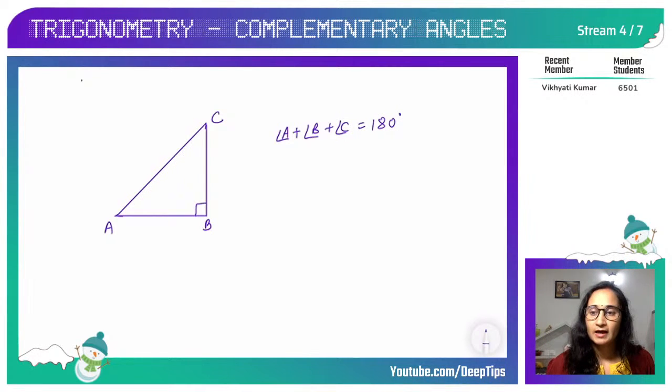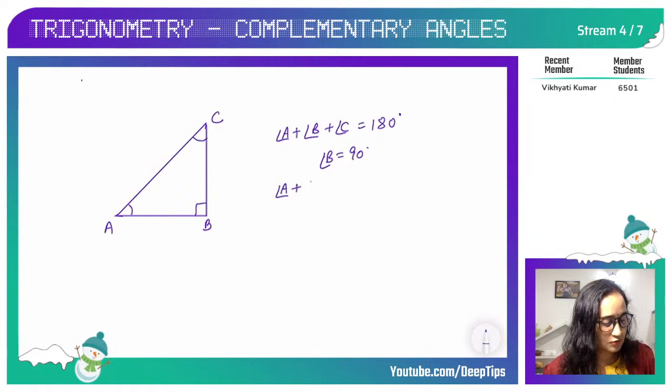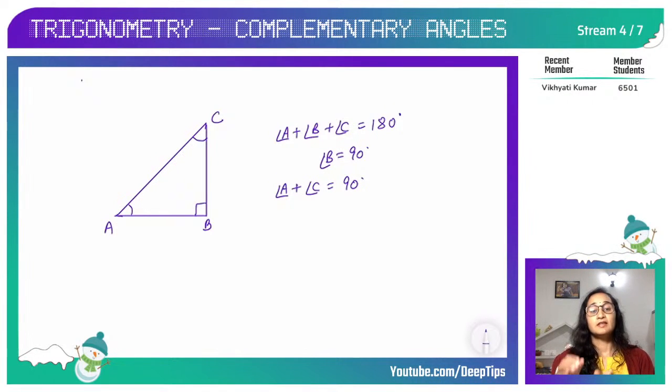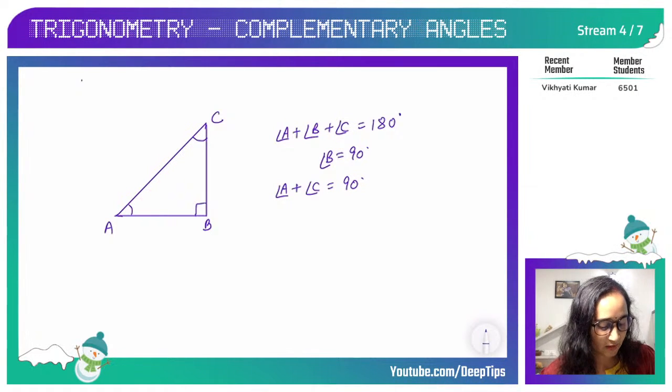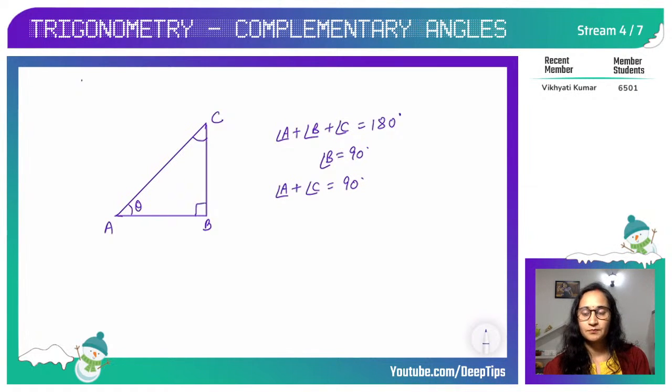But one of my angles, that is angle B, is already 90 degrees because I have drawn a right angle triangle. So that means the remaining 2 angles, angle A and C, should be complementary angles, correct? Their sum should be equal to 90 degrees. So if I take my angle A as theta, my angle C will be 90 minus theta.